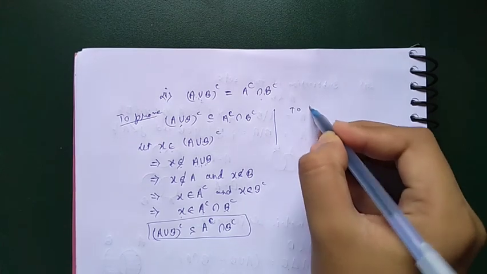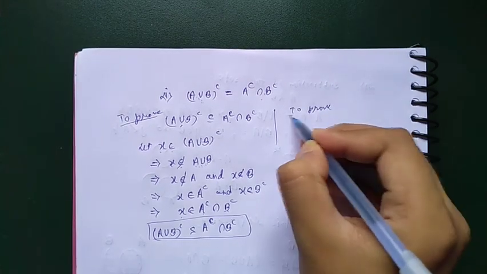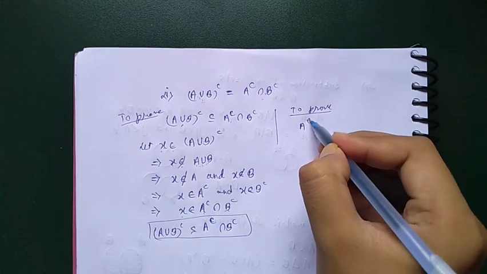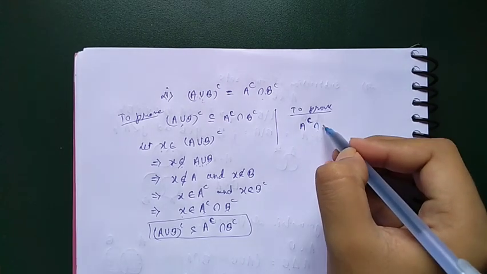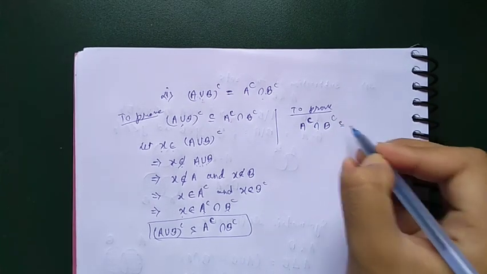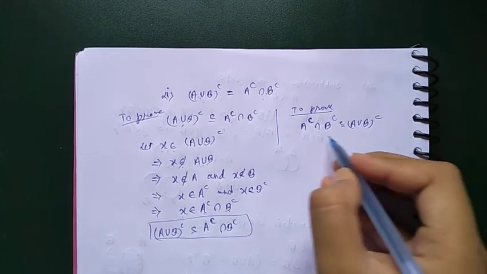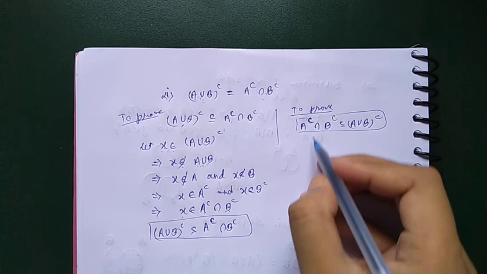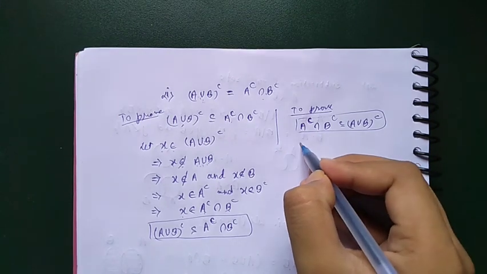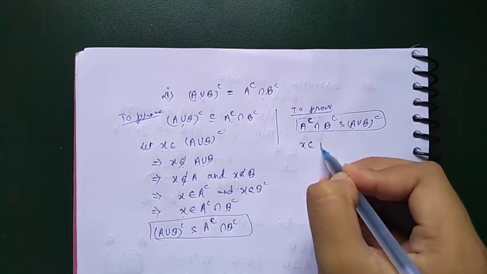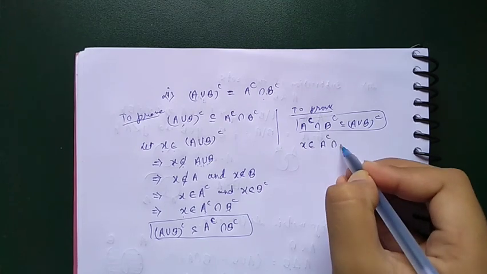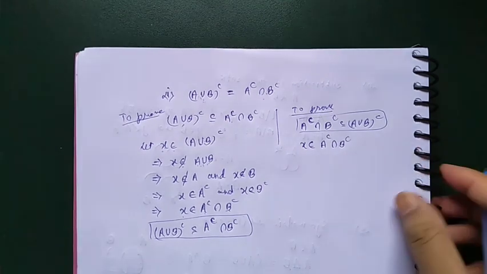To prove A complement intersection B complement is a subset of A union B whole complement, similarly here also we will take an arbitrary element, say X belongs to A complement intersection B complement.